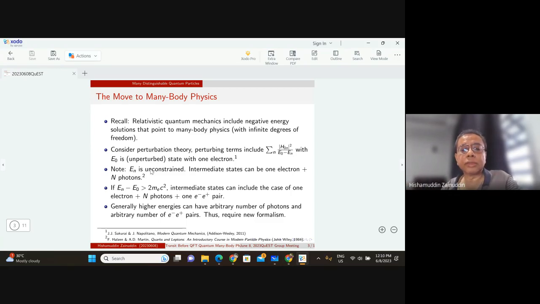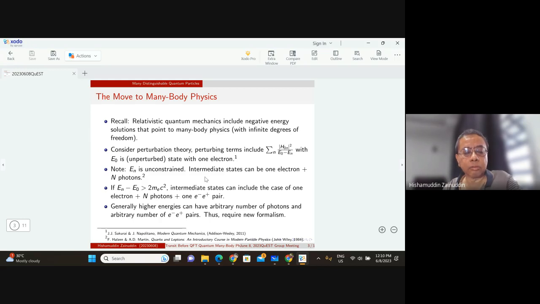So one could consider this as large as possible, and then you get intermediate states which involve other particles. For example, you can take the one electron system to begin with, and then you have n photons. I think probably you have done perturbation theory, then you probably see that kind of thing happening.